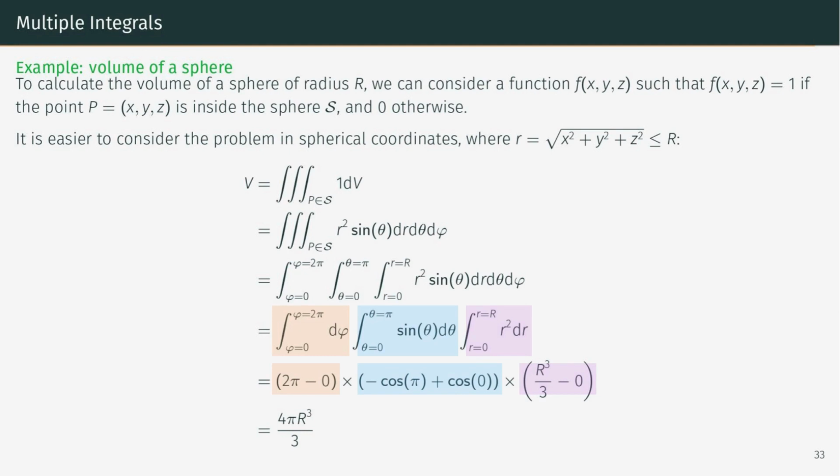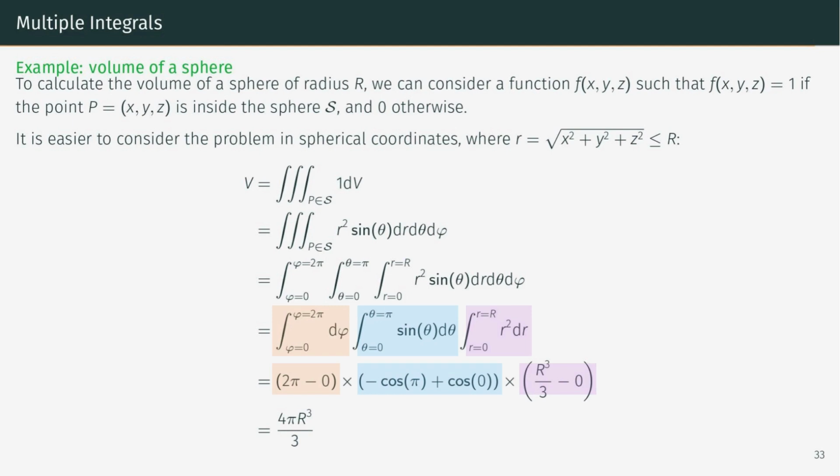The volume of the sphere is then the triple integral over the point P in the sphere S of 1 dV. Rewriting this in terms of spherical coordinates leads to the triple integral of r squared sine of theta dr d theta d phi.